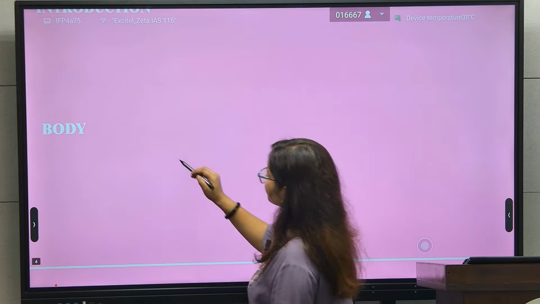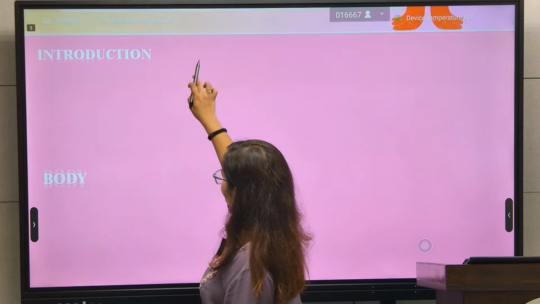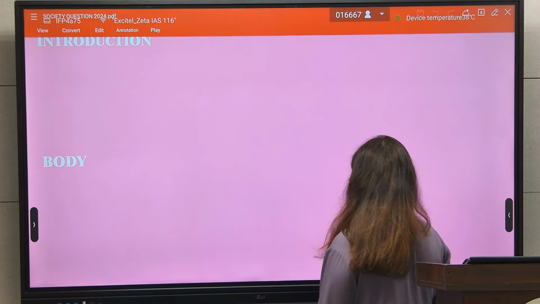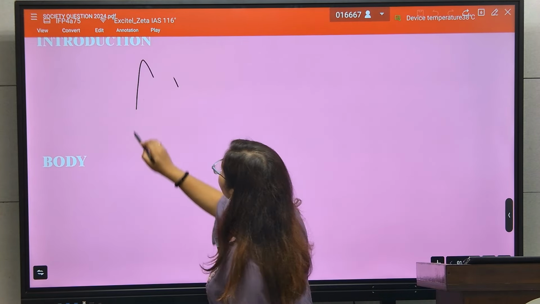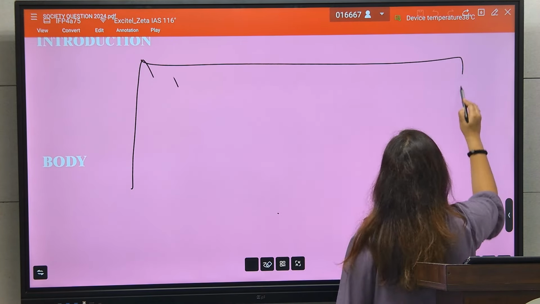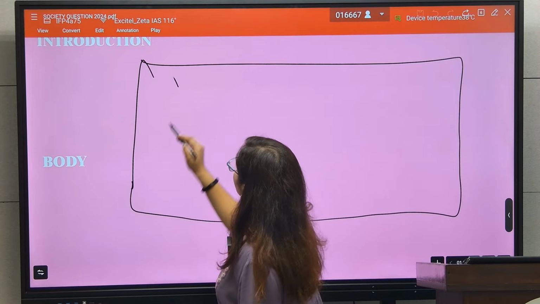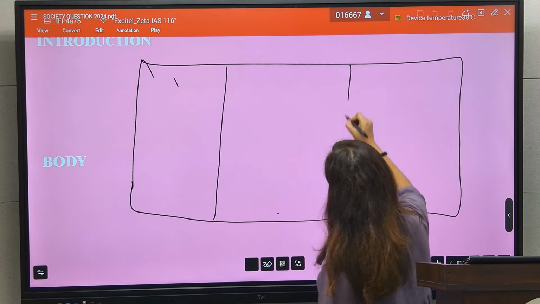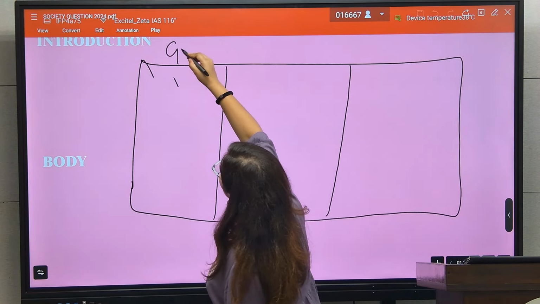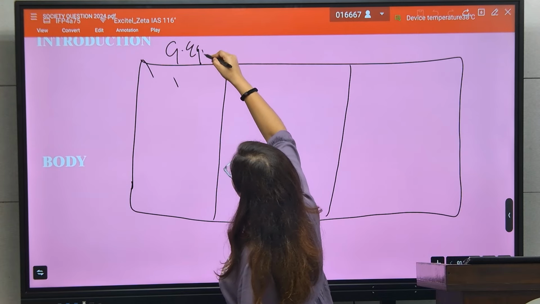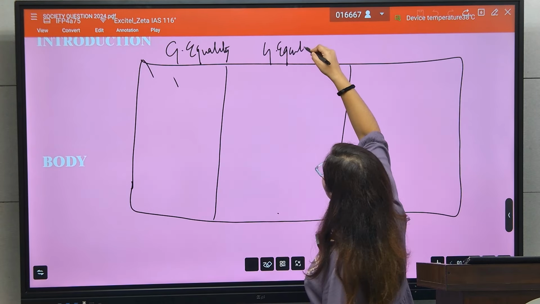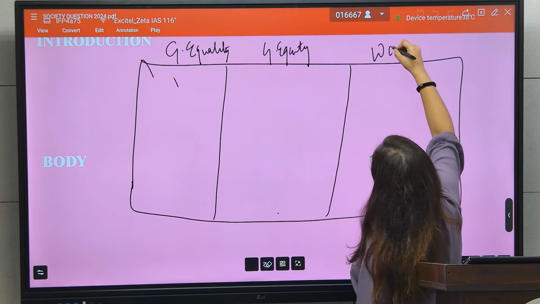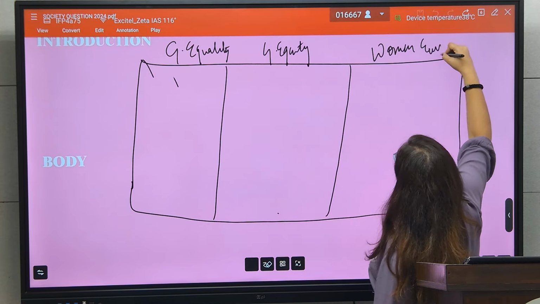Now you have to make a table. Here is gender equality, here is gender equity, and here is women empowerment.